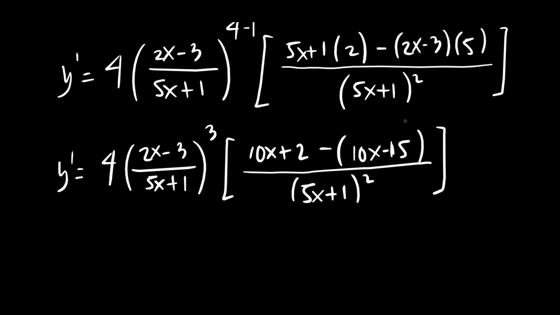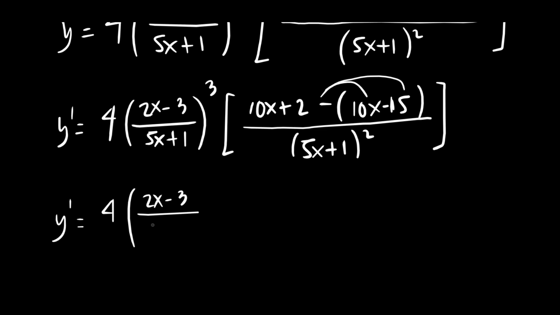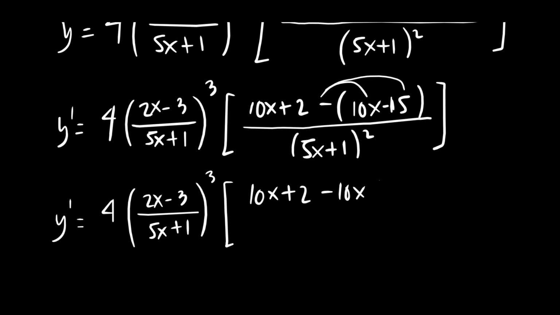After this, we will distribute the negative sign. So we have y prime equal to 4 multiplied by 2x minus 3 all over 5x plus 1 cubed, multiplied by 10x plus 2 minus 10x plus 15 all over 5x plus 1 squared.